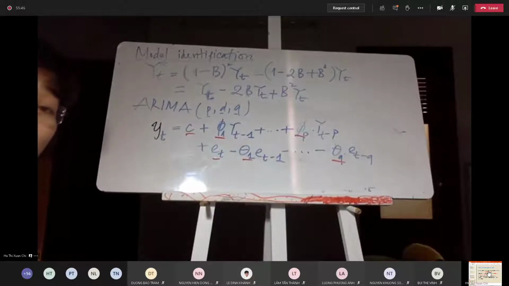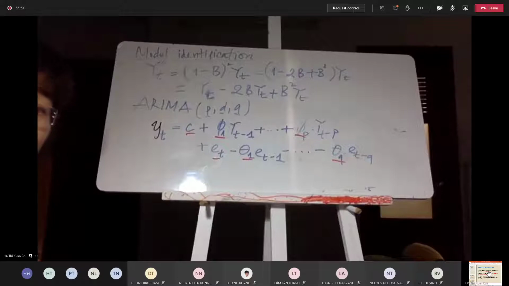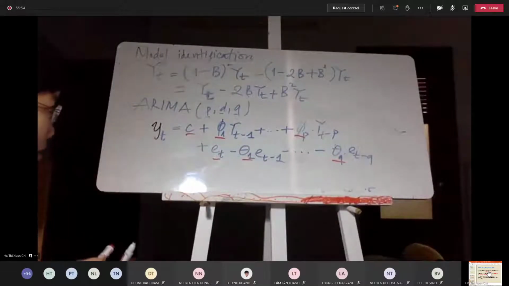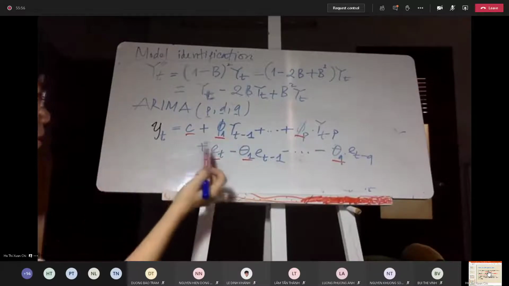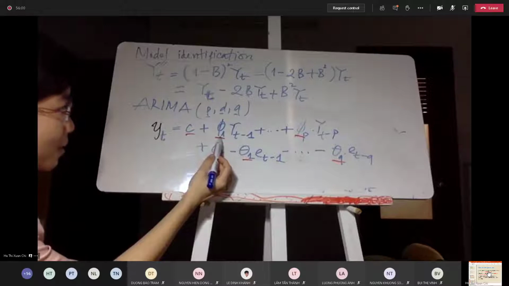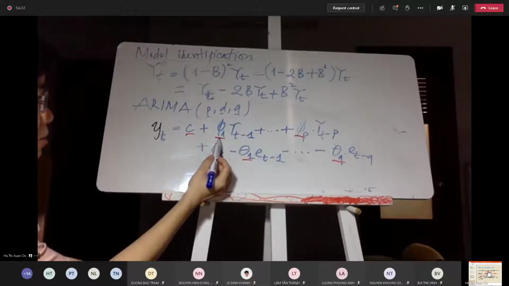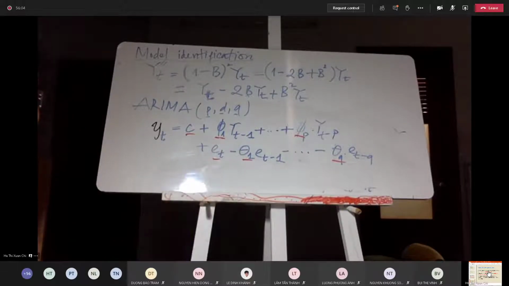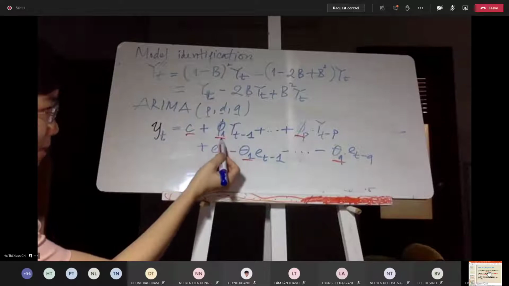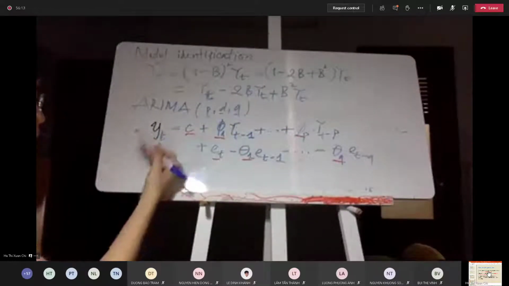We can also use the maximum likelihood procedure to estimate. It means that first they have an initial value, then they update it until they find the parameters that can explain the data.